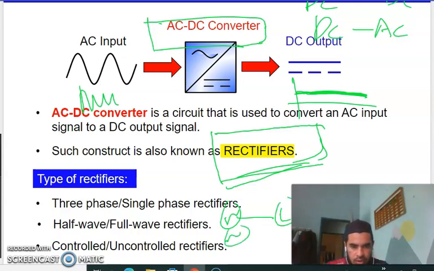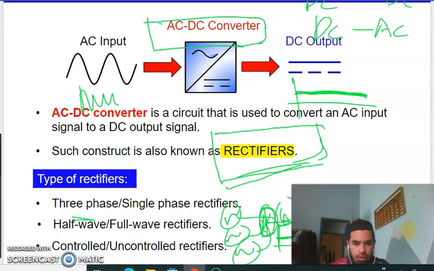If we have three sources, red, yellow, blue, we shall have a three phase rectifier. If you rectify each of the outputs into its own DC, it is still a single phase rectifier, but with three AC inputs combined together into one output, this is a three phase rectifier.